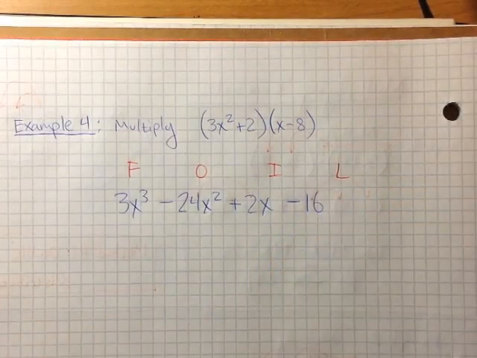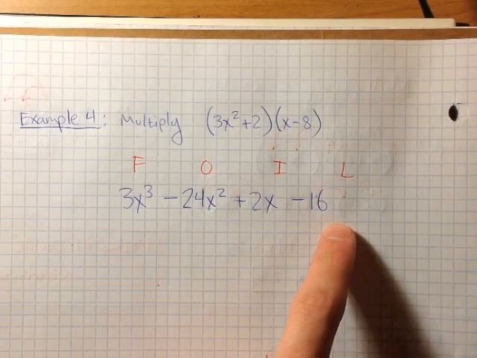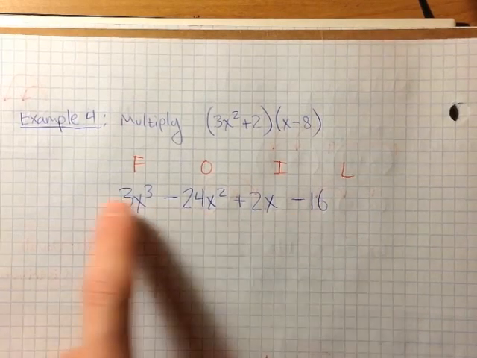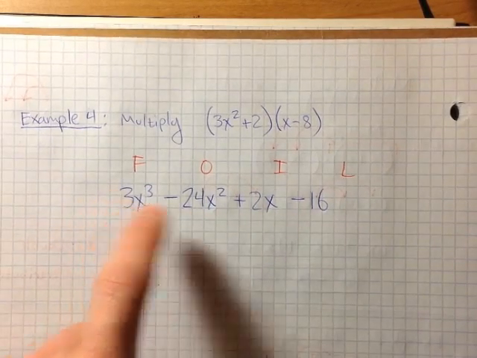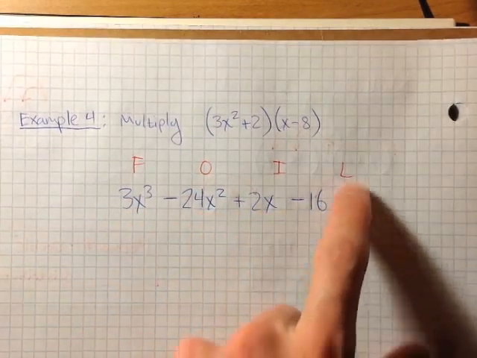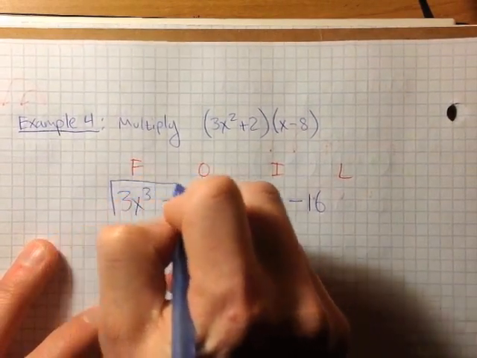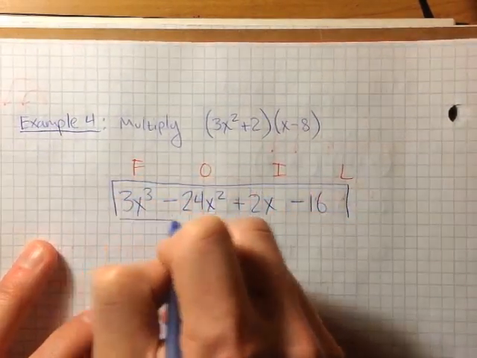All right. Now we have this expression, but we're done. We cannot simplify this any further because there are no like terms. X cubed, x squared, x, and then nothing, no x. So we're done here. You see how quick and easy that was with FOIL?